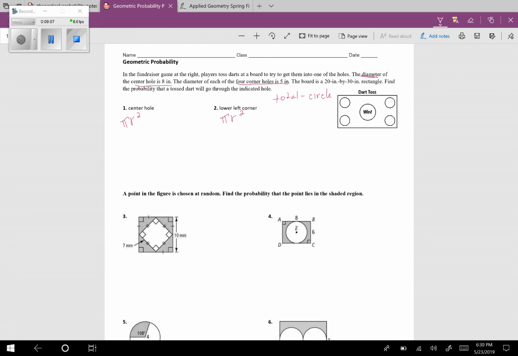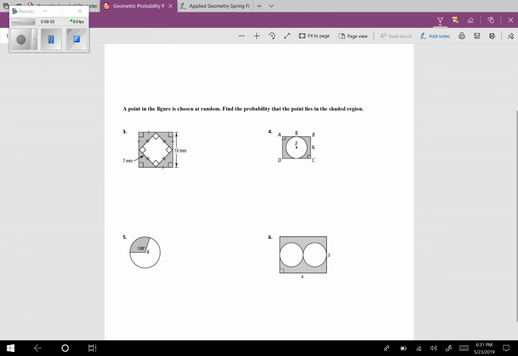Or hold on, I apologize. You're just doing the circle that you want out of the total. Sorry, had my mind on the shaded one. So this one, you're finding the area of the circle and you're doing it out of the total. That's it, much simpler.